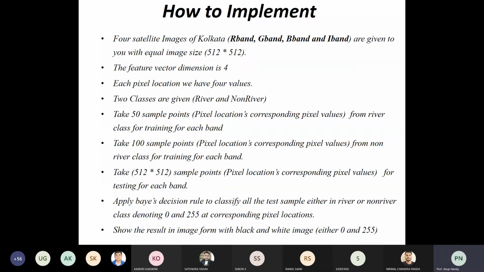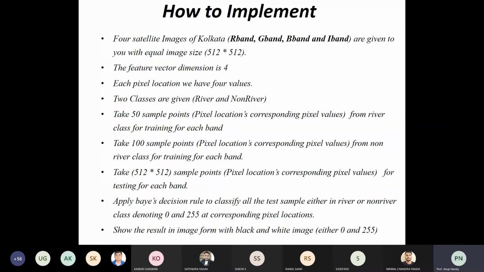We are going to have 8-bit images. With 8-bit images, the intensity variation will be at most 2 to the power 8, that is 256 levels, 0 to 255. So these are the intensity levels.